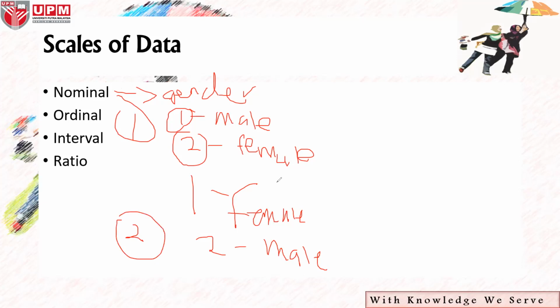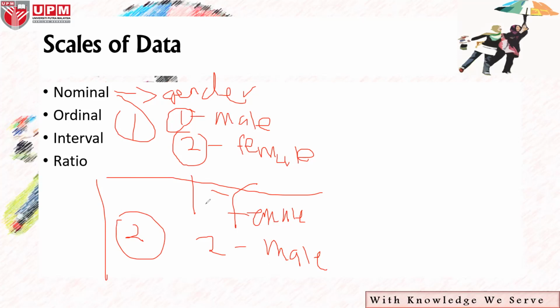It is just different coding, right? The code that we use, the number that we use to represent the group, does not give any meaning if we change the coding. Because 2 doesn't mean that male is better than female, right? The number 2 we just use as a code to represent the group.